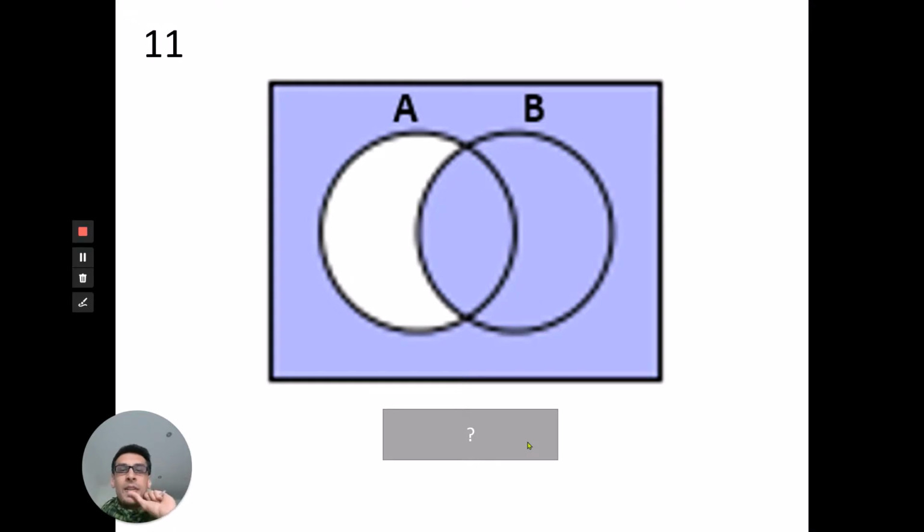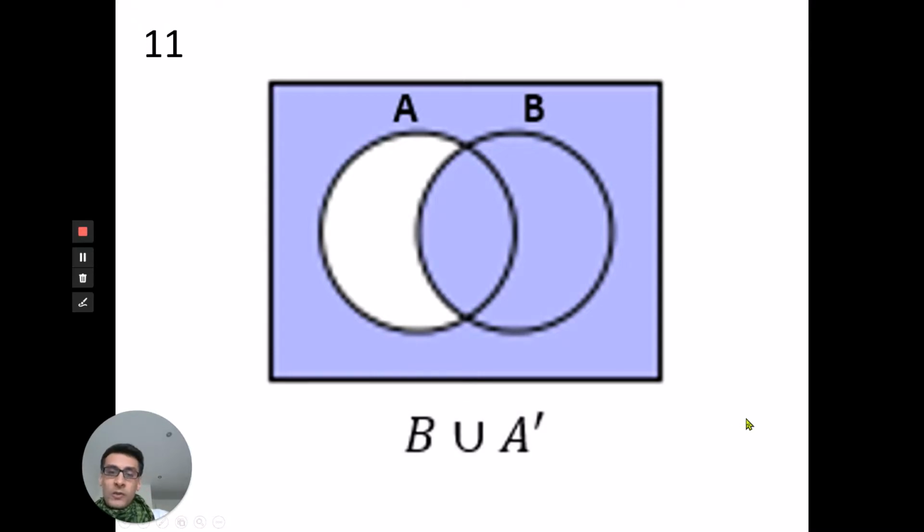Okay, so you can see that B has been shaded in and everything outside of A as well. So you can then say B union not A, or not A union B.